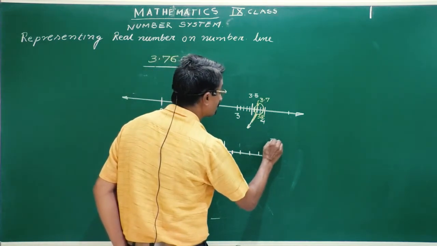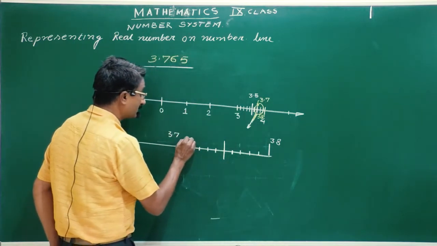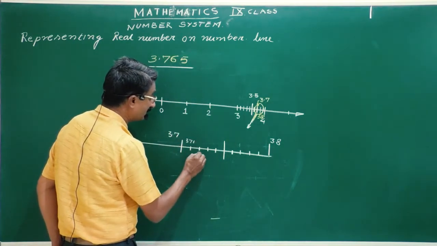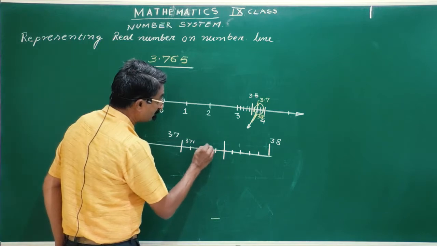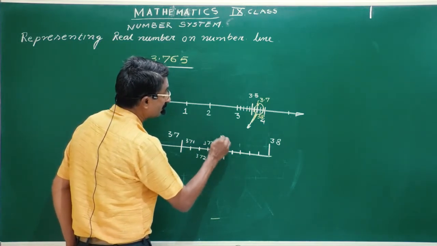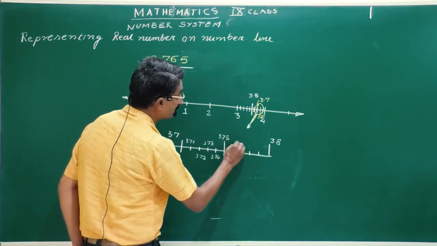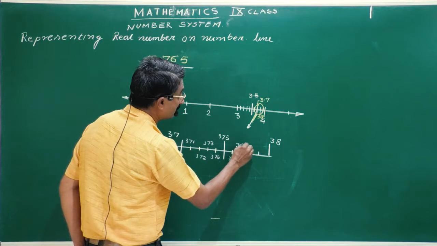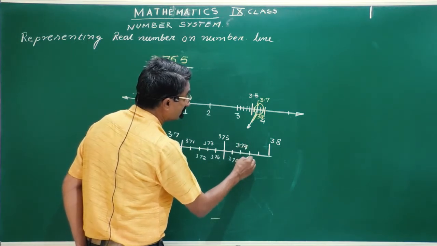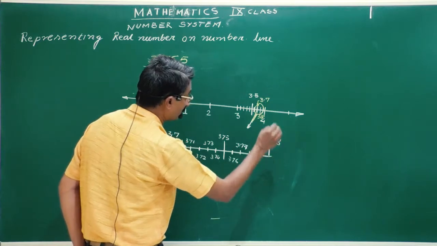So this is 3.8. This is 3.71, 3.72, 3.73, 3.74, 3.75, 3.76, 3.77, 3.78, 3.79 and 3.8.